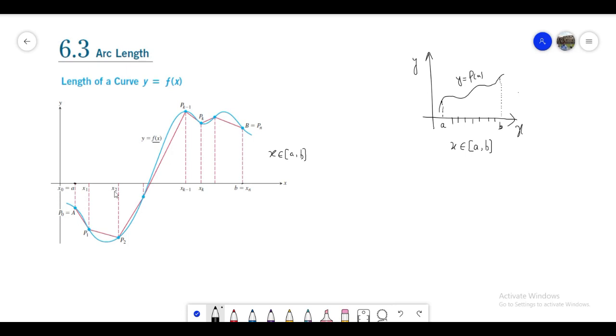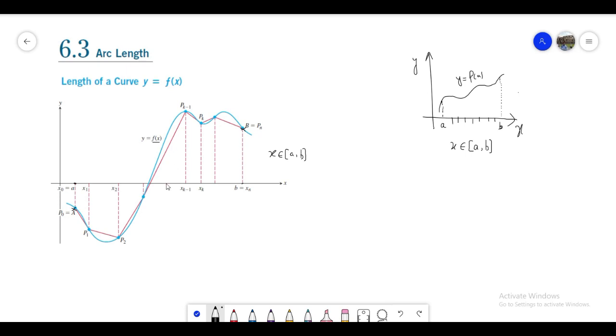From this point to this point, the graph is completely smooth, so we can call it a smooth curve.